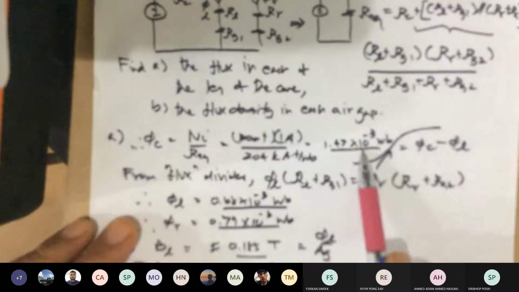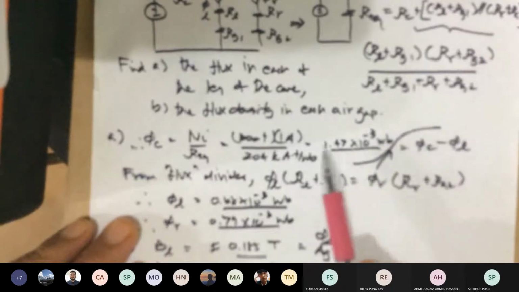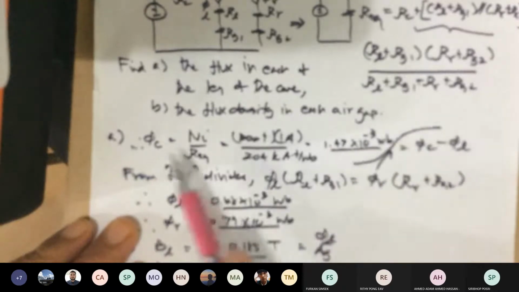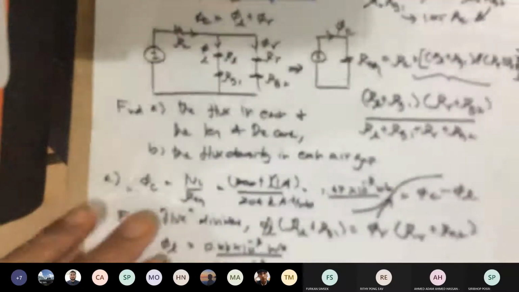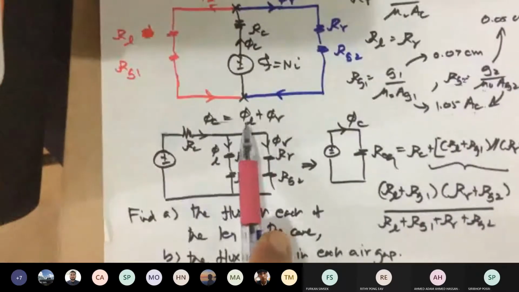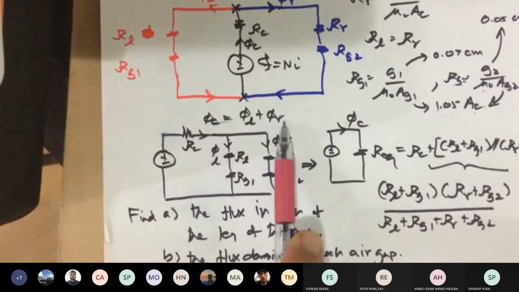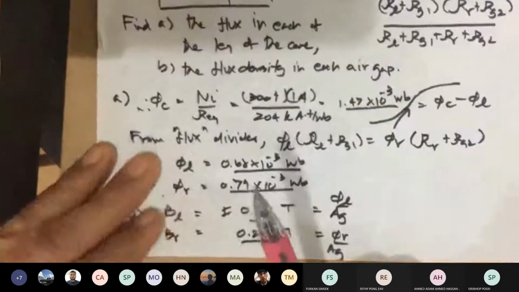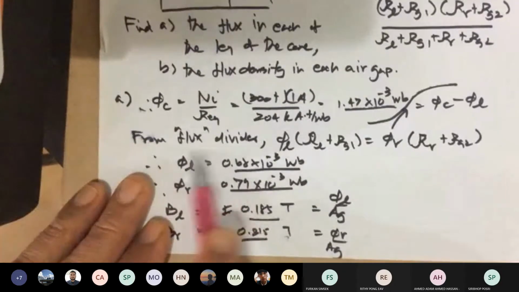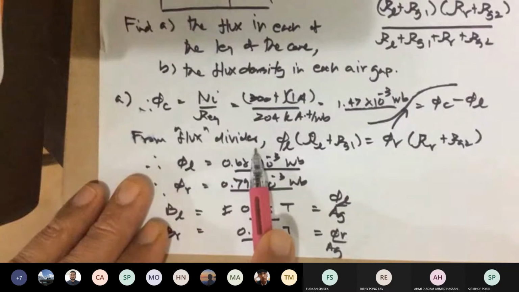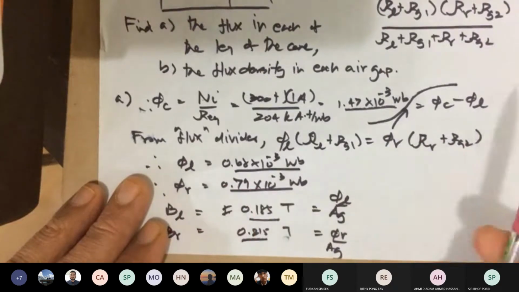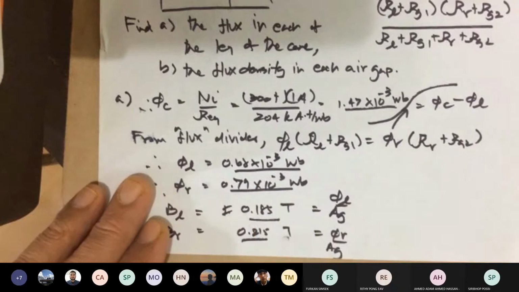Then we got to calculate the other two paths, left and right. Now we have this phi C, and we know the relationship between left and right, which is phi C is the sum of these two. So you can use what we call the flux divider in a magnetic circuit, similar to a current divider. Remember the current divider in your circuit 1?